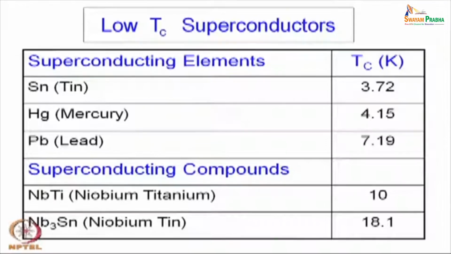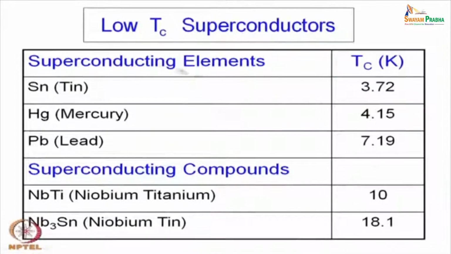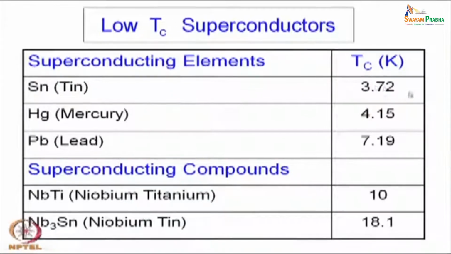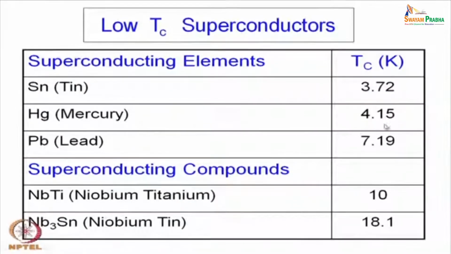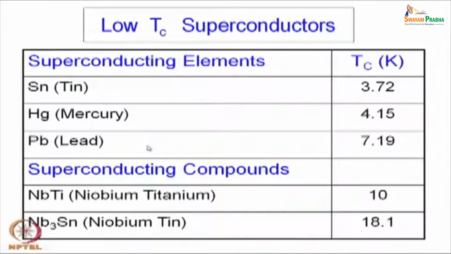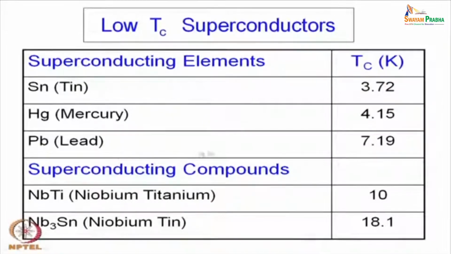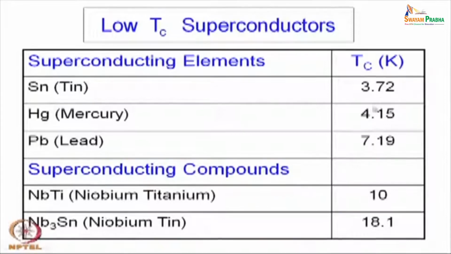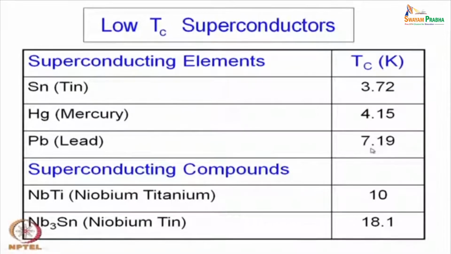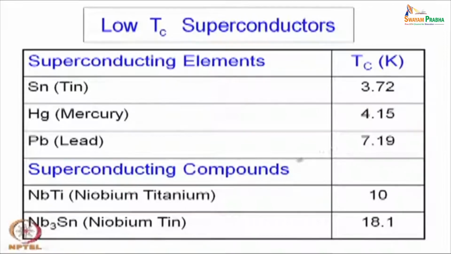The superconducting transition temperatures have been given on the right. For example, tin has 3.72, mercury 4.15, these are all in degrees Kelvin, lead is 7.19. So, these are a few elemental superconductors having a very low transition temperature.